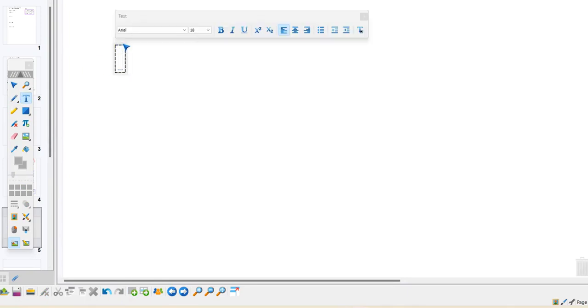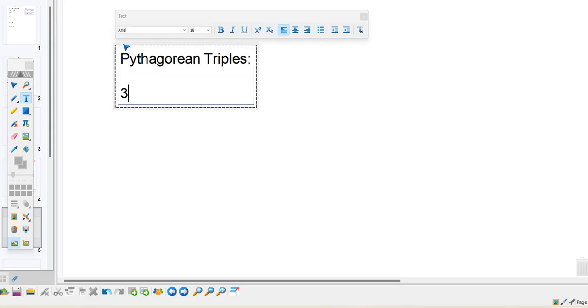I'll make a little note here for when we post these. The legs being 3, 4 with a radius of 5. We just saw 7, 24 for legs and 25 for a radius.